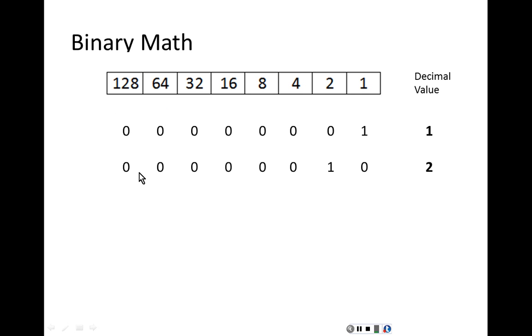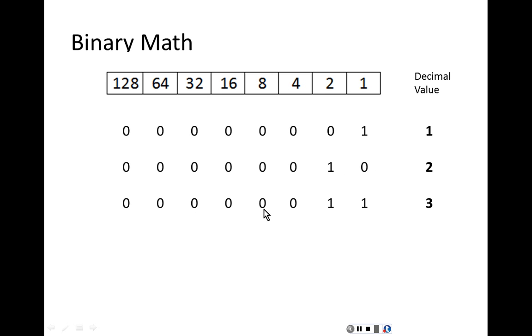Next example. If we have 8 bits, the first 6 bits are all zeros, they're all negative impulses, and then we have a 1 and a 0. That represents the value 2. That's because we have no 1s, we have a 2, no 4s, no 8s, no 16s. Add them up, you get 2.